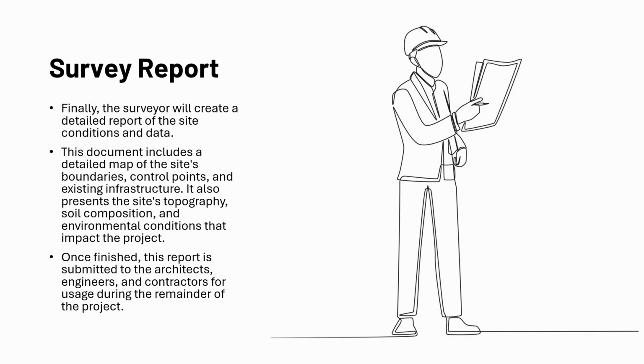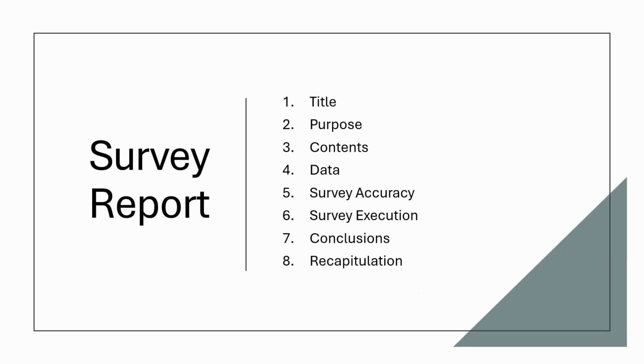But I want to go into a little bit more detail on our survey report and what that would look like, because this is something that you'll likely be creating in your future surveying and field camp courses. So let's take a look at that. First and foremost, let's talk about what the parts of a survey report are.